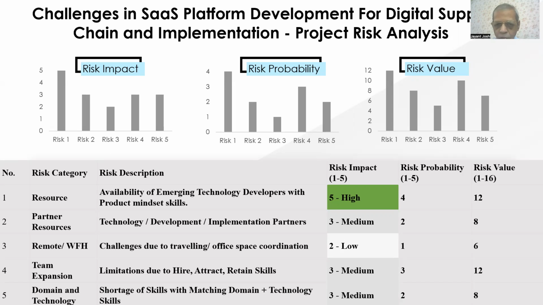This is based on our experience during the last 35 years, how we had faced the challenges in developing, maintaining and supporting the product. So the first important thing is the resources, the availability of talent and skills which are familiar with this new technology development, and they must have a mindset about the product.